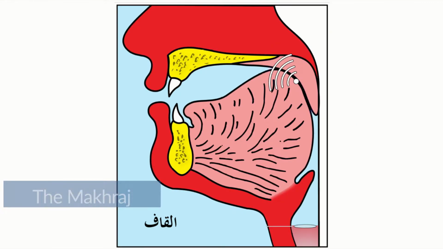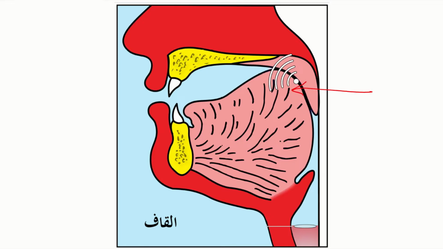So now let's go to the qaf to start off with in terms of makhraj. When you look at this image, what you've got is the furthest point of the tongue, towards the very back of the tongue, right there. That furthest point is touching the top of the palate, and it's touching the meaty area of the palate. When you look at that diagram, that red part there is the soft palate, or the meaty part.